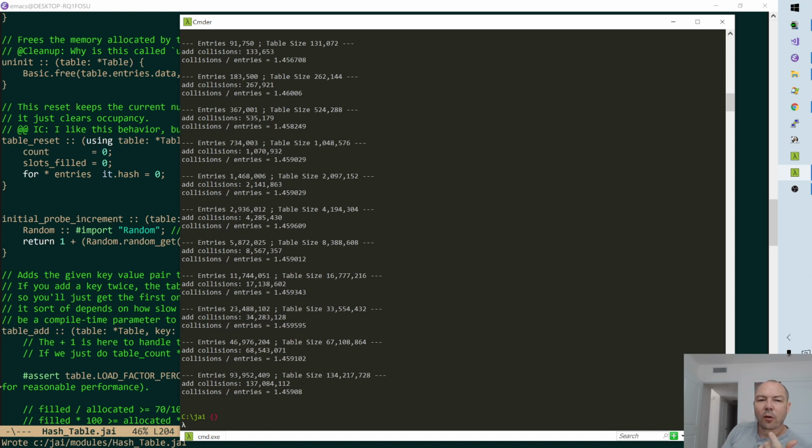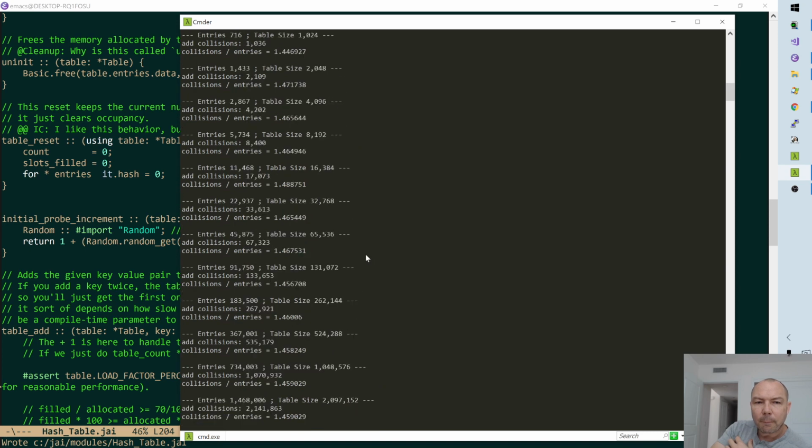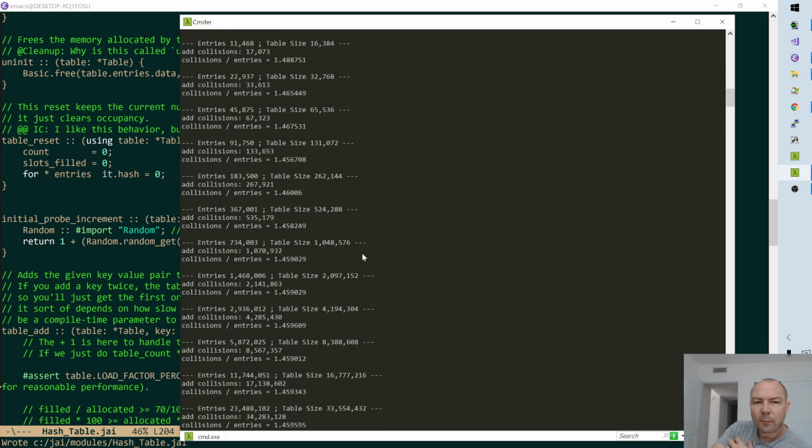So this looks roughly constant, which surprises me because Jimmy Wales told me that it would get worse as the table size goes up. But here it's really not.